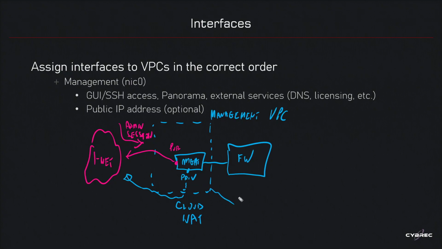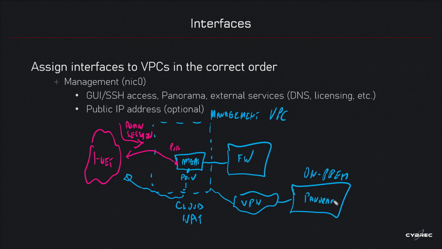But if I have, let's say, a VPN connection to the cloud and then on-prem, and my Panorama is over here, this is going to be sufficient to manage the firewall. So two options, depending on the design.